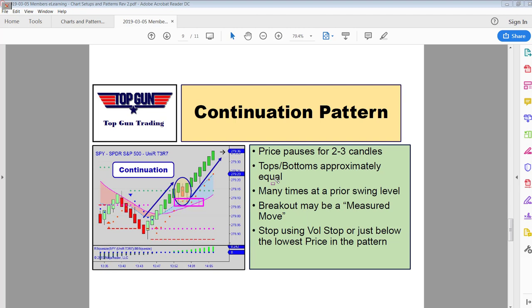Many times, okay, what you have to see here, I forget it, I'm sorry, I jumped ahead, that the tops and the bottoms are essentially equal to one another. So let's do it here. And you see here the bottoms are about equal to one another and the tops are about equal to one another. So the real range of this continuation pattern is the outer box. Let me draw that again.